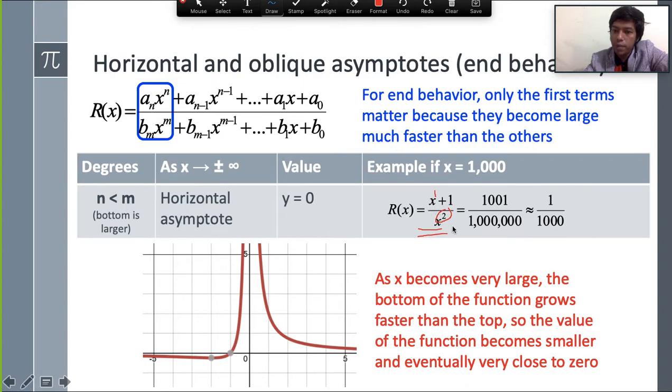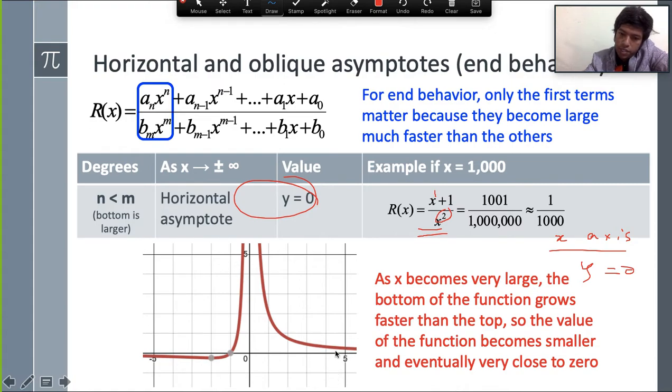If the power of x in the bottom is big, then the horizontal asymptote is always the x-axis. You will not have to do any calculation. X-axis means y equal to 0. Another name of the x-axis is y equal to 0 because at the x-axis everywhere y equals 0.